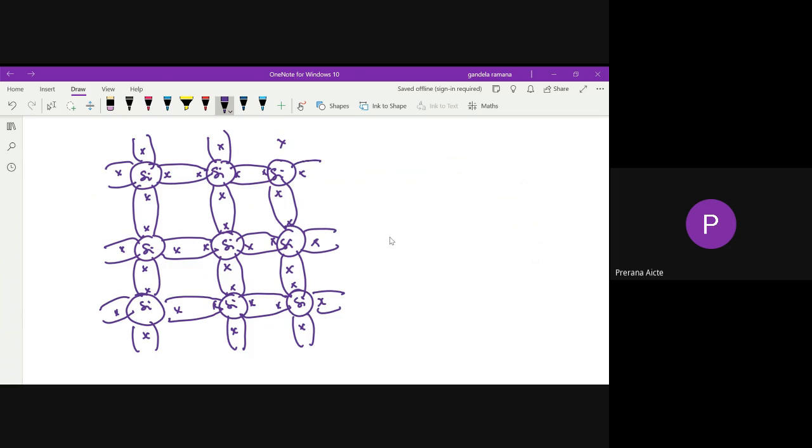So it is stable, with neighboring silicon atoms like this.